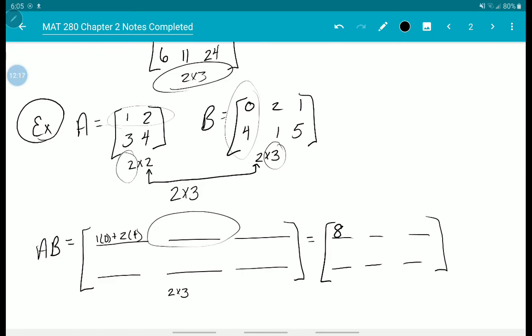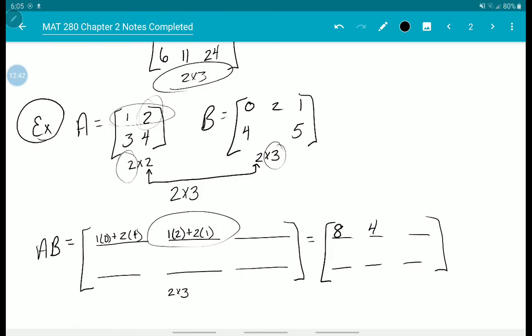Now let's find the entry in the first row, second column. So we're going to end up using that first row and that second column to get there. And we're just going to multiply those first terms together. So this is going to be 1 times 2 plus 2 times 1. And that's going to give us a total of 4.